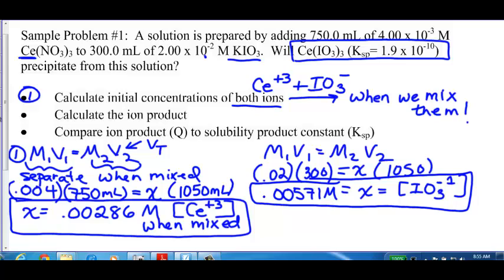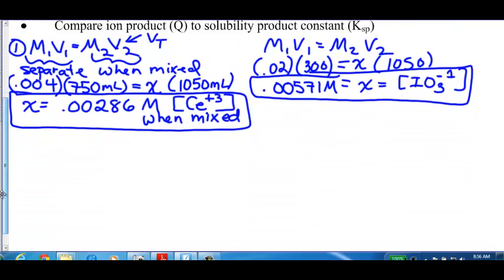We have calculated our initial concentrations when we mix them together by doing an M1V1 equals M2V2 for each ion. Now we will calculate Q. Q is always for the dissociation reaction. So before I calculate Q, I want to write the reaction for the dissociation of what might form.